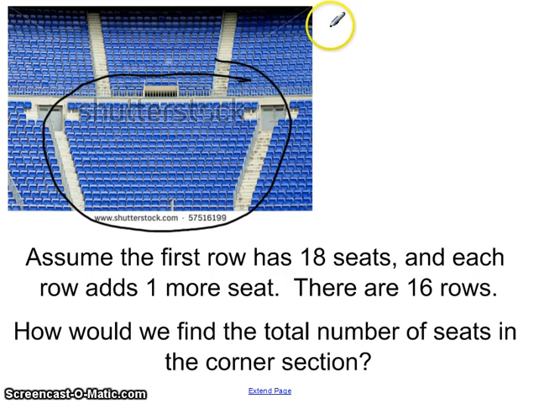This would be a problem where we would first say we have a sequence starting at 18, and we're going to add 1 each time. We're going to go 16 times. And so we have a sub 1 equals 18, d equals 1, and n equals 16.